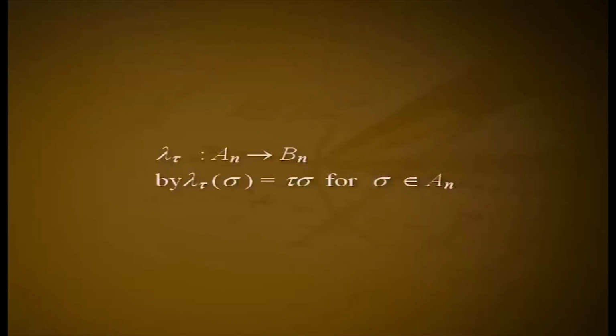Let tau equal (1 2) in Sn. Tau exists since n is greater than or equal to 2. We define a function lambda tau from An to Bn by lambda tau of sigma equals tau sigma for sigma belonging to An. That is, sigma belonging to An is mapped into (1 2) sigma by lambda tau.